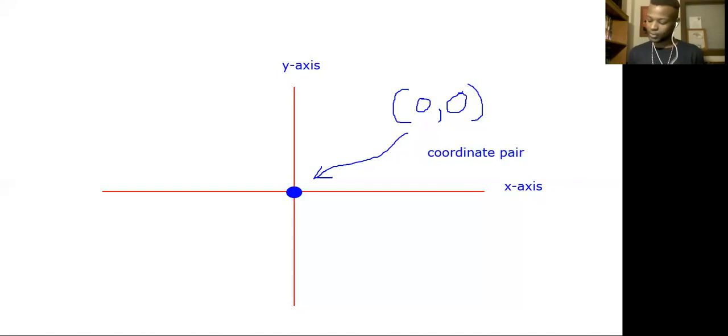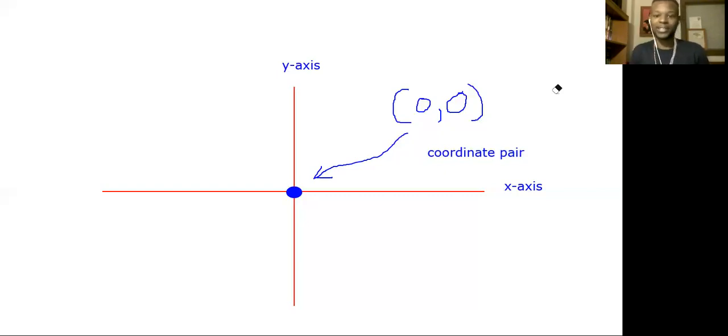The first thing we need to do here is delineate the parts of this graph. What we have is the coordinate plane grid.